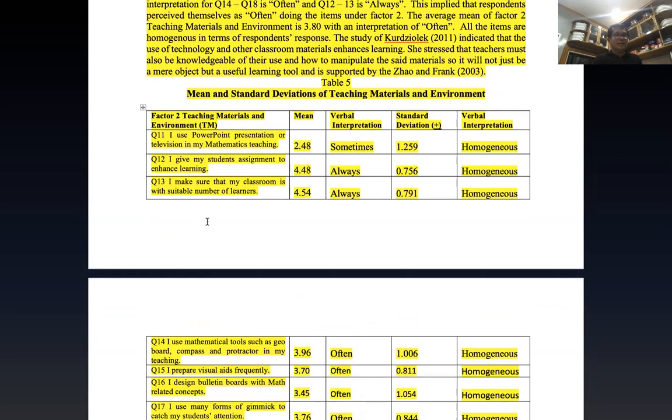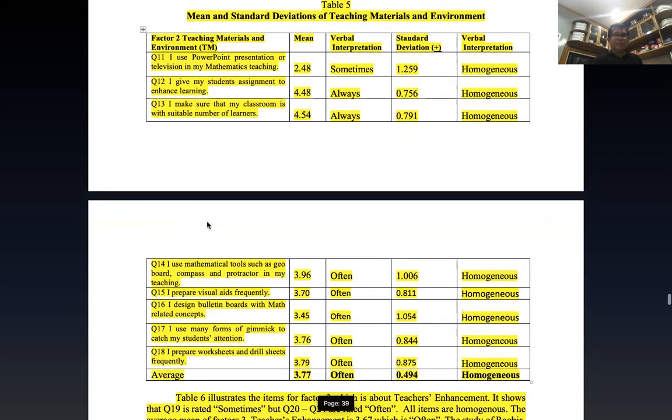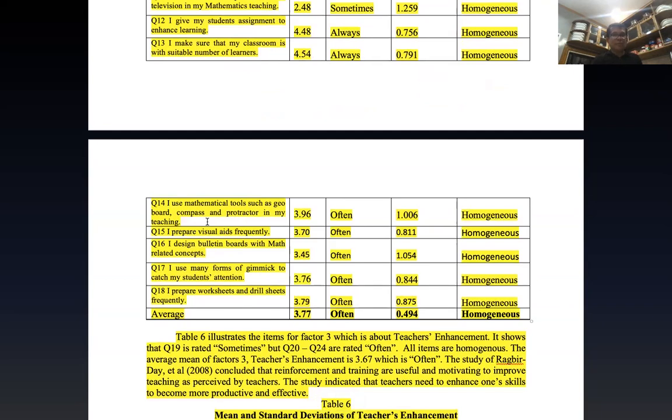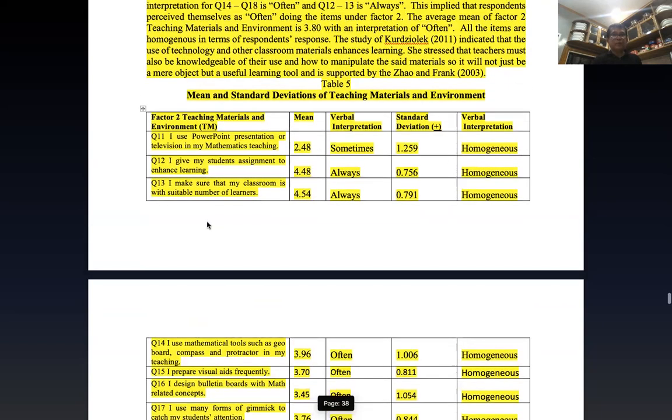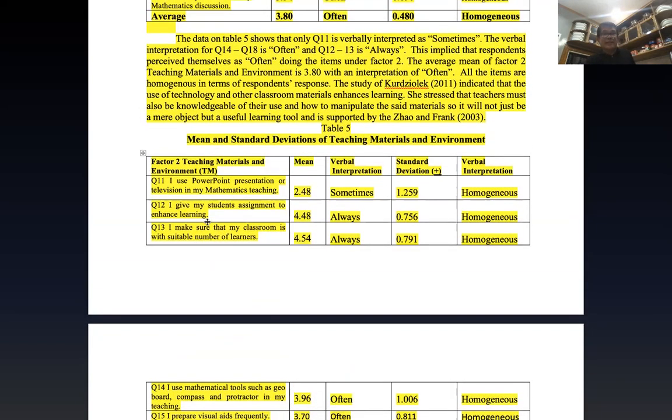Q12: I give my students assignments to enhance learning. So forth and so on up to Q18: I prepare worksheets and drill sheets frequently. All of these items belong to factor 2, teaching materials and environment. Remember that factor 2 is a predetermined factor made by the researcher.